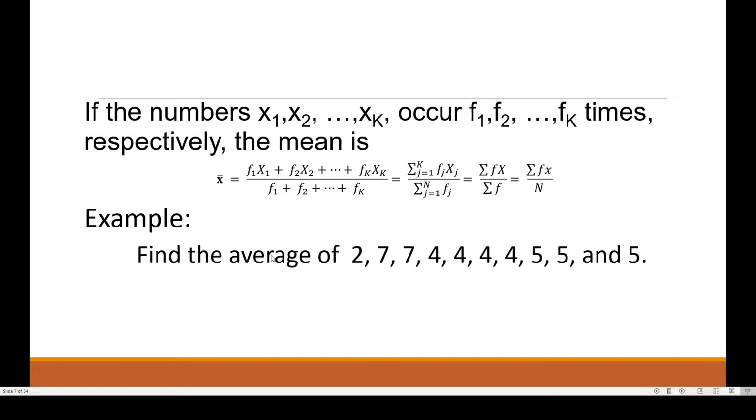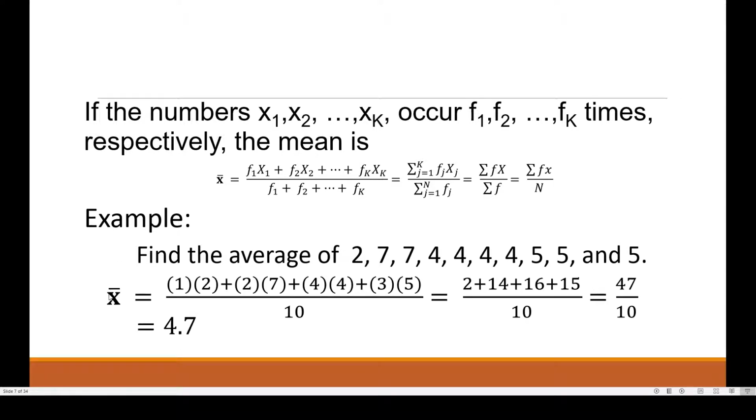So example: find the average of 2, 7, 7, 4, 4, 4, 4, 5, 5, and 5. So to compute the mean or the average, all we have to do is just multiply 2 by 1. What do you mean by 1? If you will see here from the given set, there is only 1 here. There is only 1, 2 here.